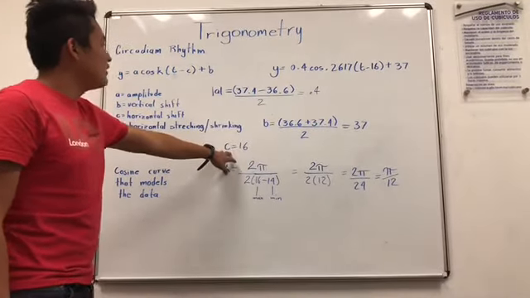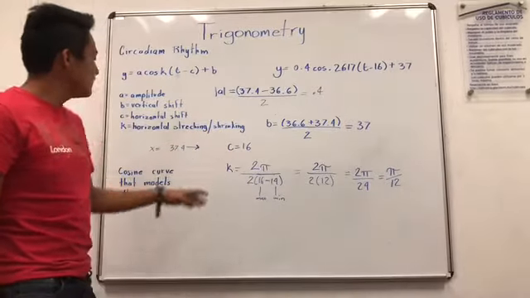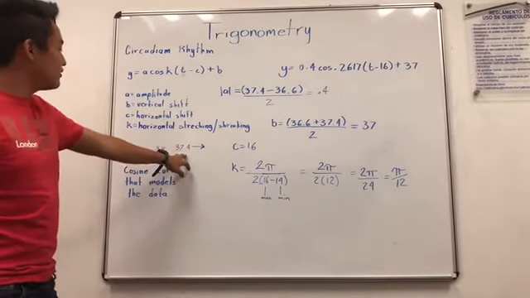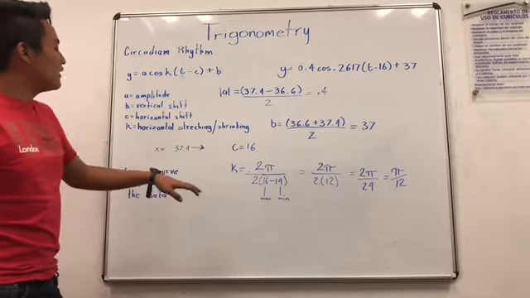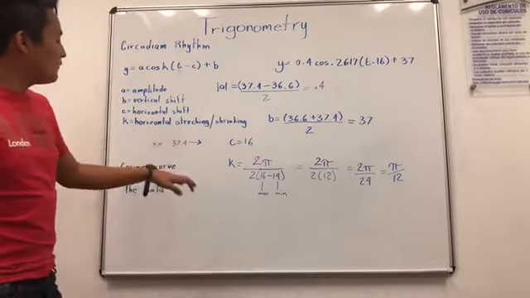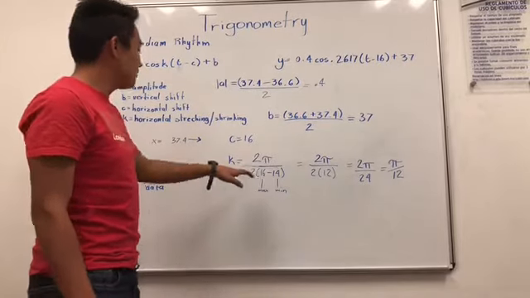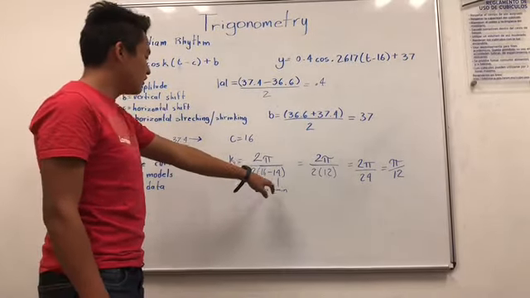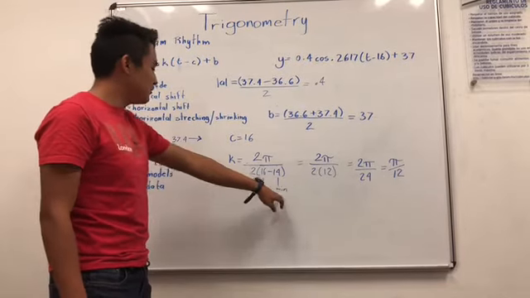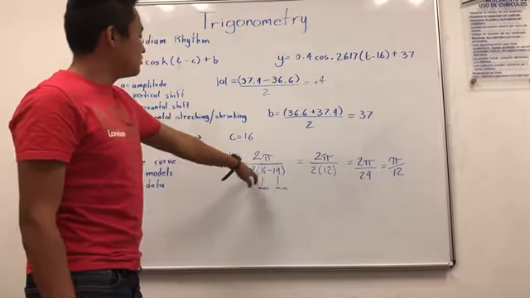Then C, the horizontal shift, is where the maximum value gets the C. Finally, K we find by dividing 2 pi, that is the period, by the position where the maximum value and the minimum are, multiplied by 2.